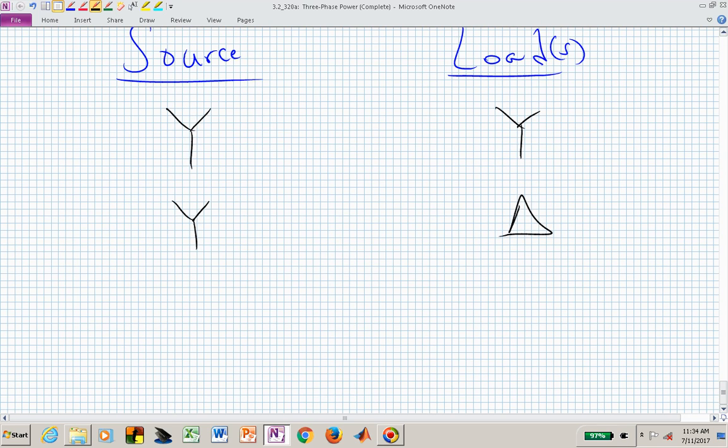If our source now was starting as a delta, maybe it's connected to a Y load, or maybe we have a delta source connected to a delta load, and those now give us the four different possible arrangements or interconnection structures, which we will pick up with next time and try to analyze, because now these are interconnected with transmission lines, and we want to be able to perform the analysis on any of these four possible interconnection structures.